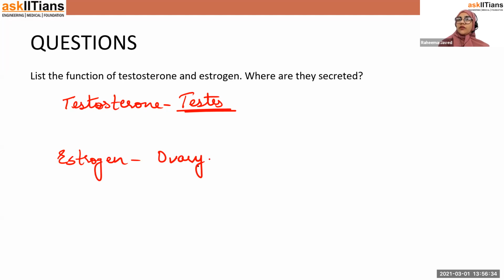It helps in the development of eggs inside the ovary and also the appearance of secondary sexual characters, like the voice becoming low pitched, the pelvic area broadening, breast development, etc.